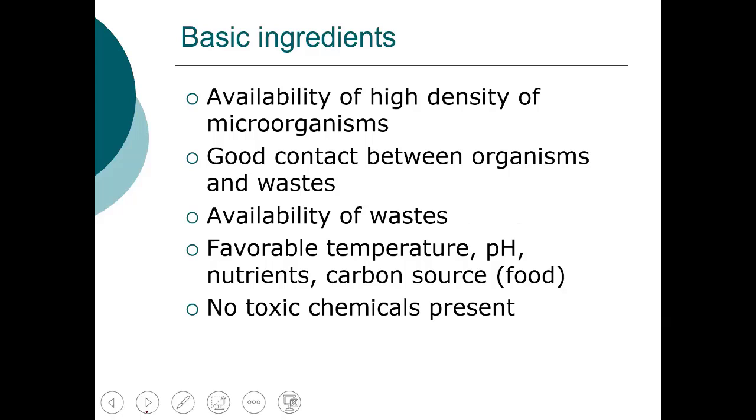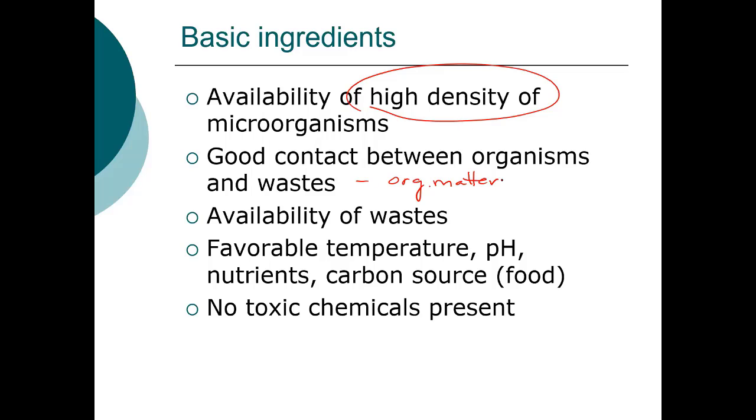So in terms of operation of these systems, we need to make sure that we have a high density of microorganisms. The density of the microorganisms is much greater than what you would see in a natural body of water. We want to have good contact between the organisms and the waste, and we're really looking at the organic matter in the waste.